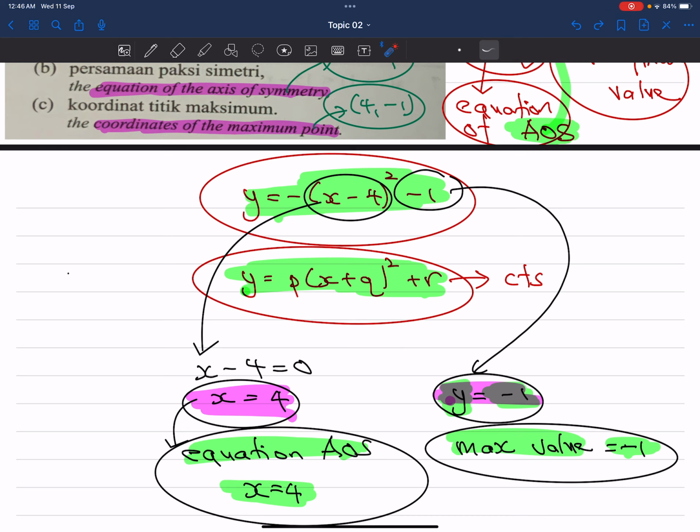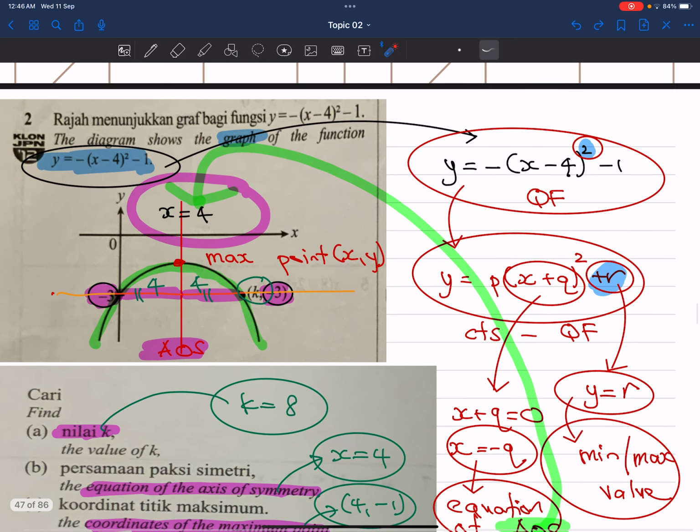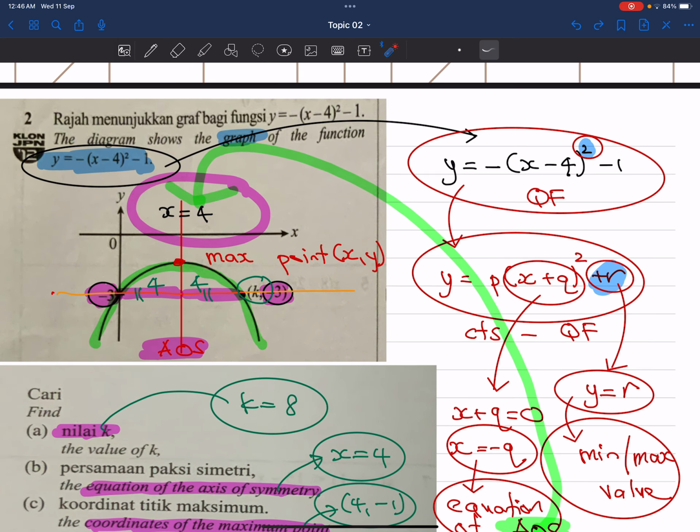To get the x coordinate, I went into the brackets, made it 0, and got the equation of the axis of symmetry, x equals 4. Very important that the axis of symmetry divides the horizontal line into two equal parts. So 0 plus 4 plus another 4, therefore I got k equals 8.